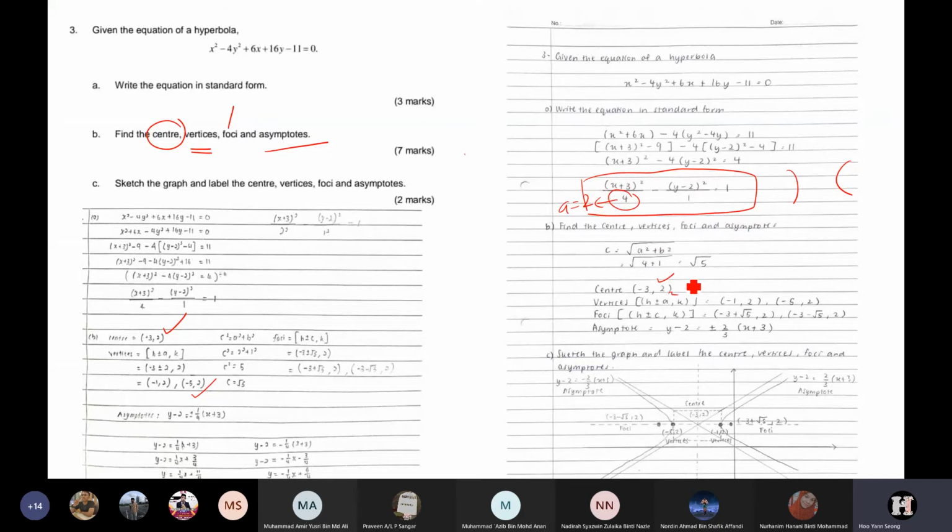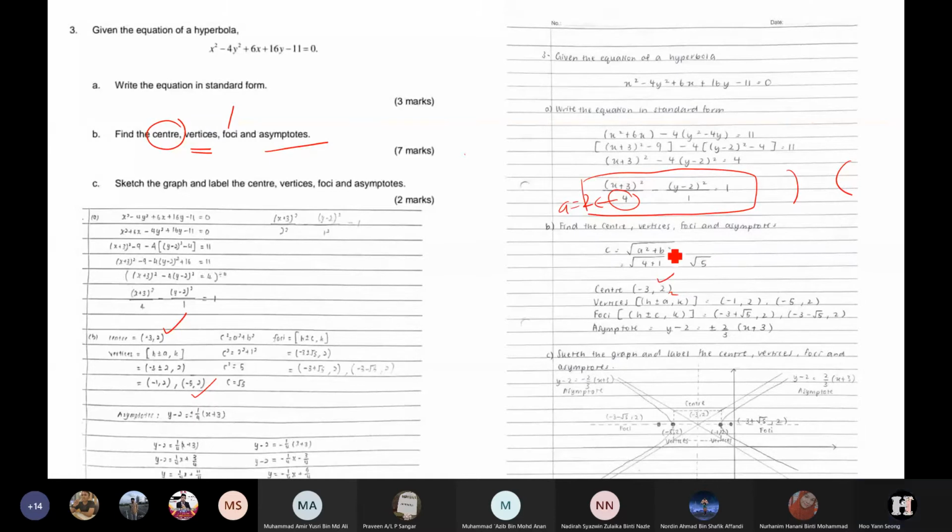Now, someone texted me asking whether the denominator under X is A or B. I have to tell you, although I already repeated many times, according to my slide, under X is always A and under Y is always B. But I cannot say for the module and other books, because it is subject to the formula provided.